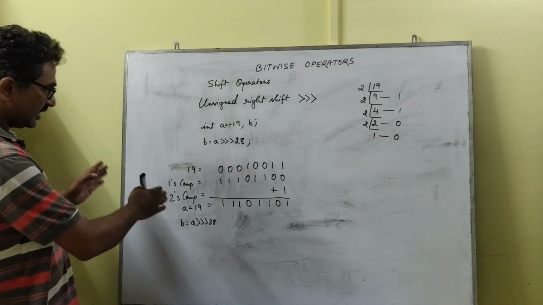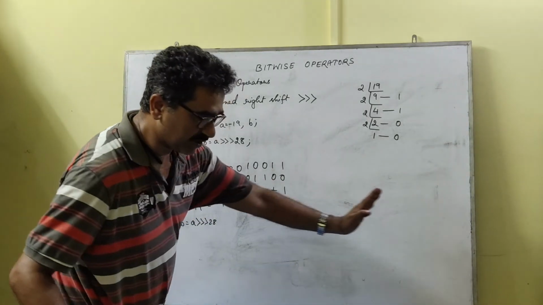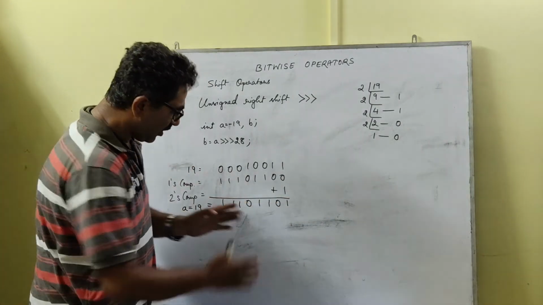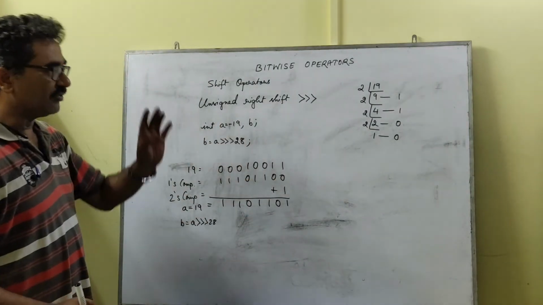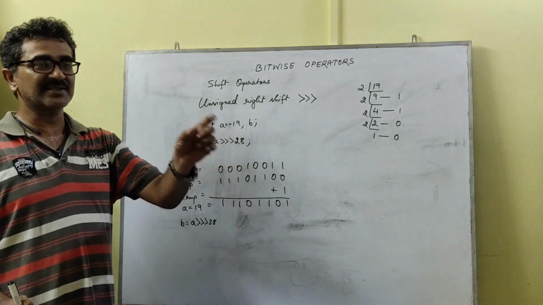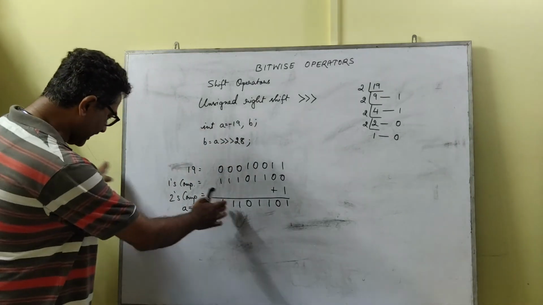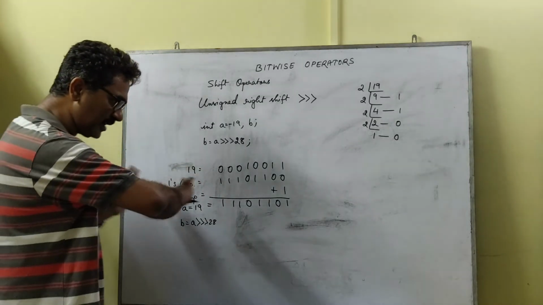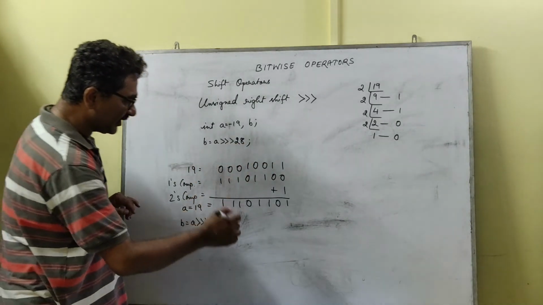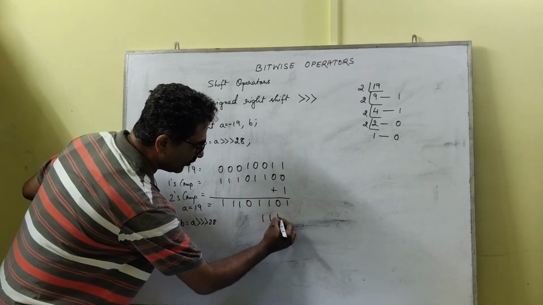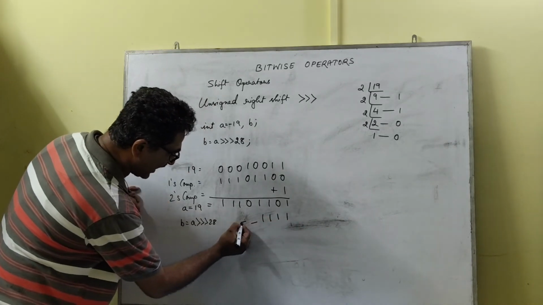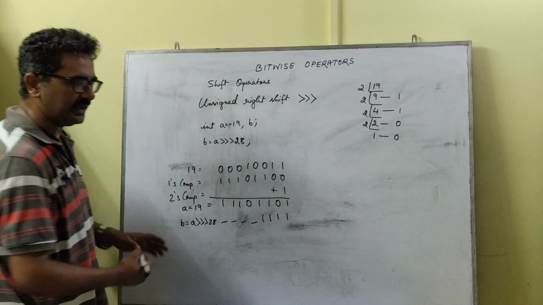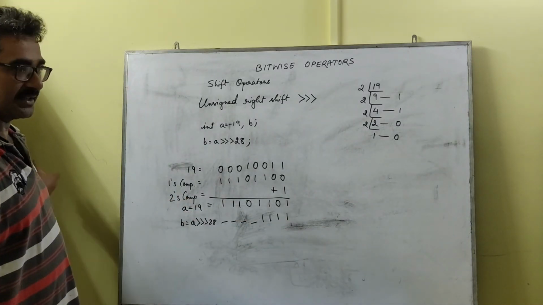So that means 28 bits are going to get out of this entire representation. So we'll be left with the last 4 ones, because the remaining bits on the extreme leftmost end were filled up with 1. So if 28 bits get out, we are left with the last 4 ones, and these are all the vacated spaces. That means the remaining 24 bits are all vacated.